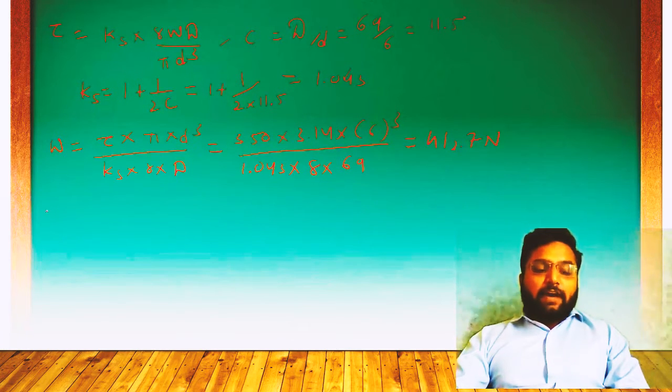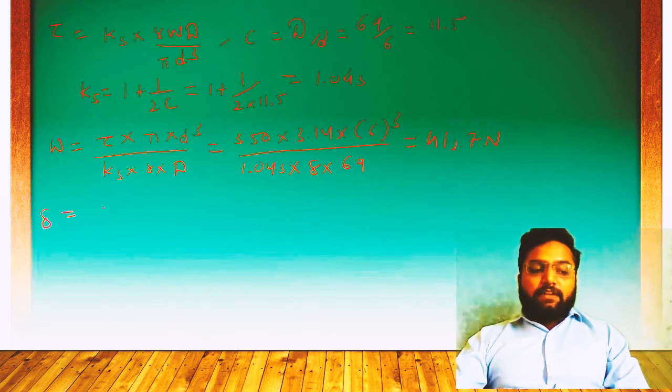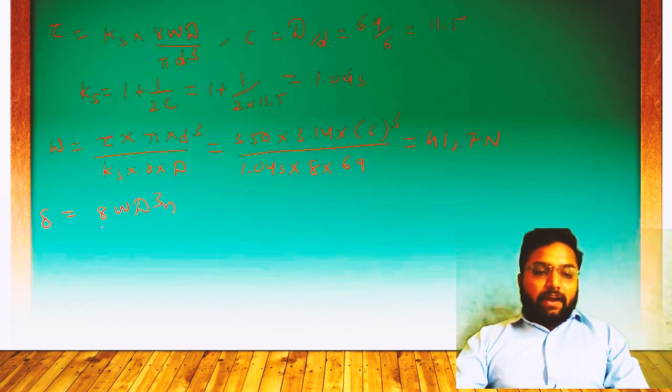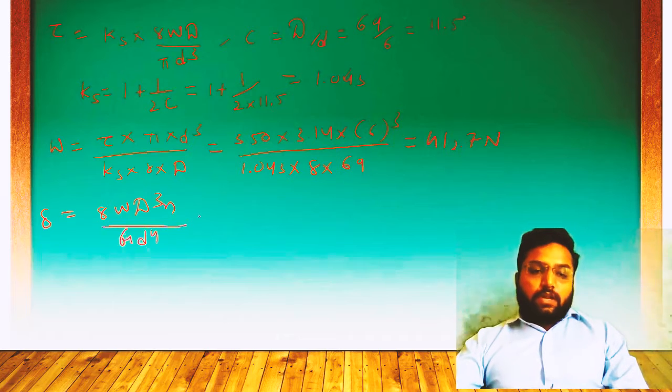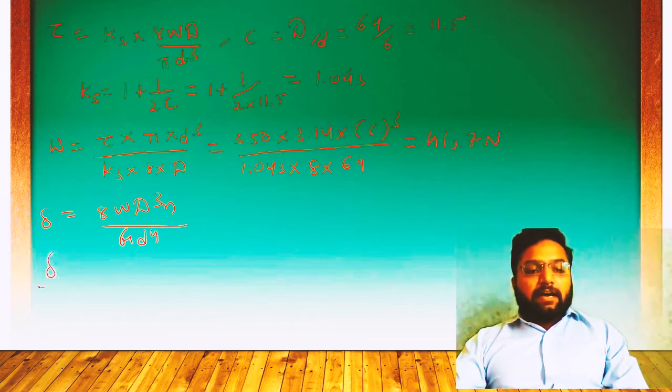Now the next thing is to find delta, which is equal to 8WD cube n divided by G d raised to 4. Here we have to find delta by n.